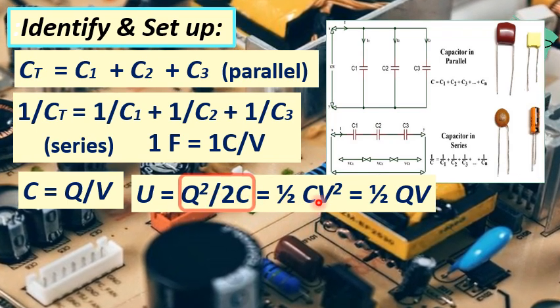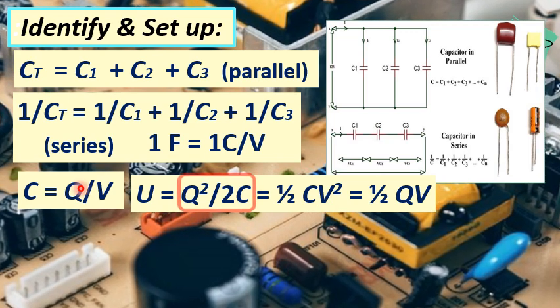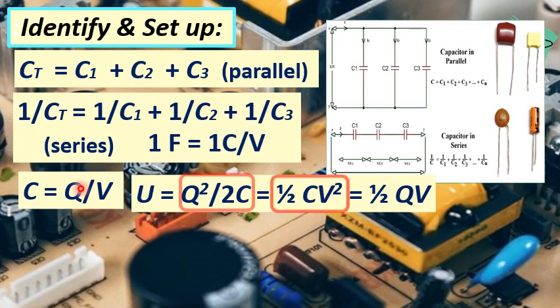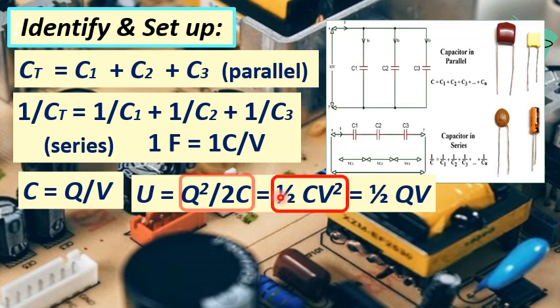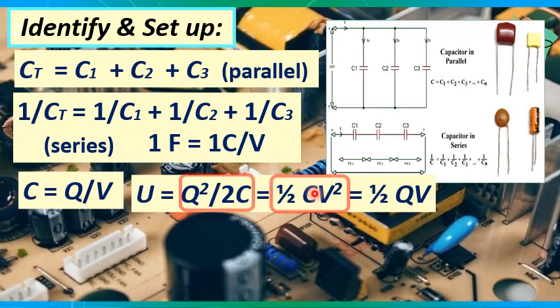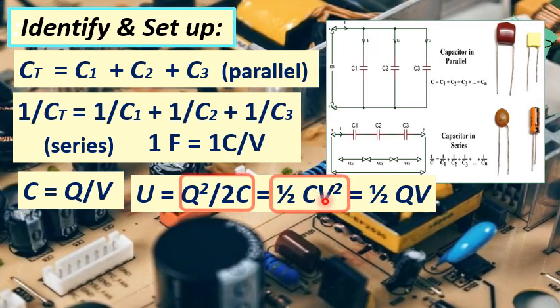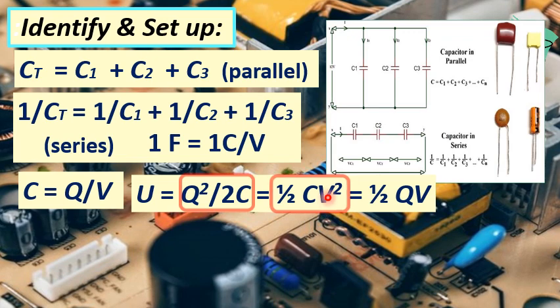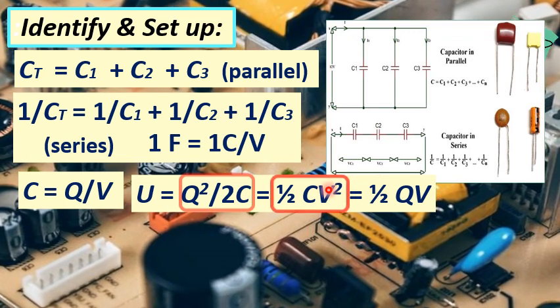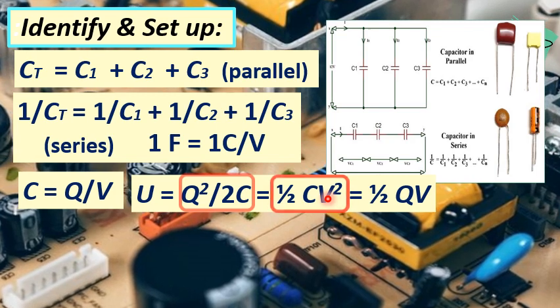And when the capacitors are connected in parallel, the formula for computing the stored energy capital U is 1/2 the product of the equivalent capacitance multiplied by the square of the voltage in the circuit.